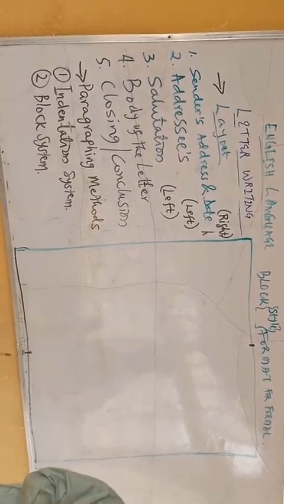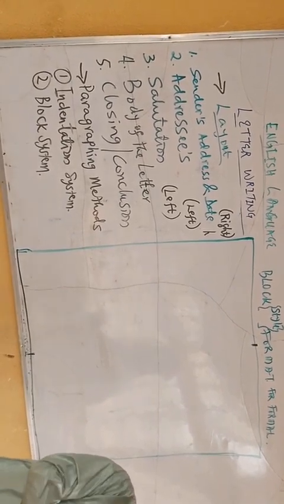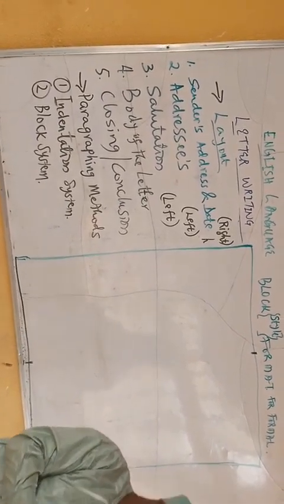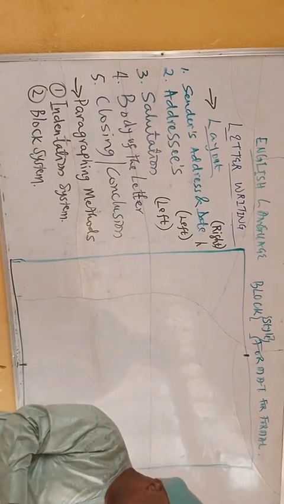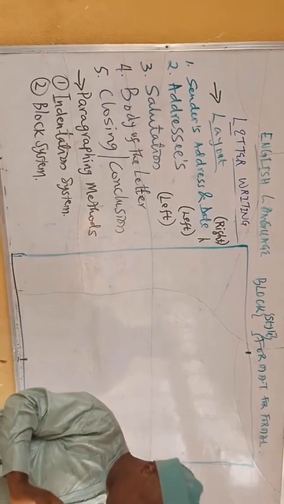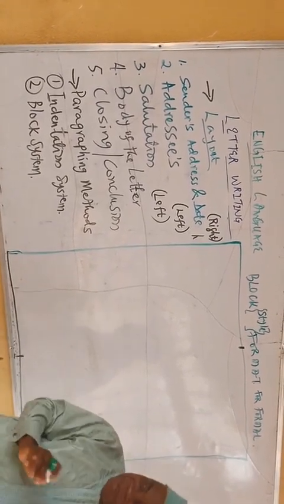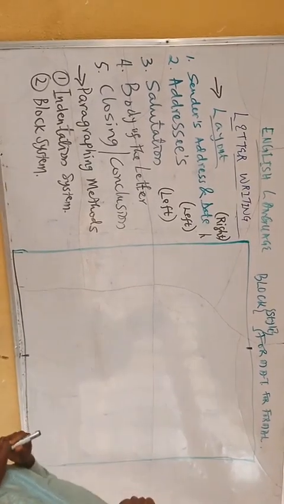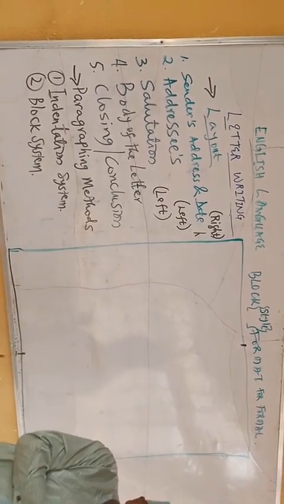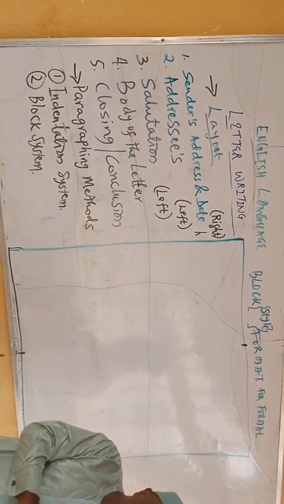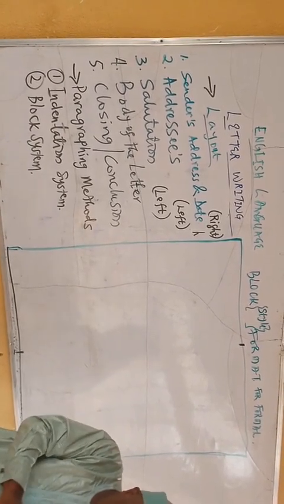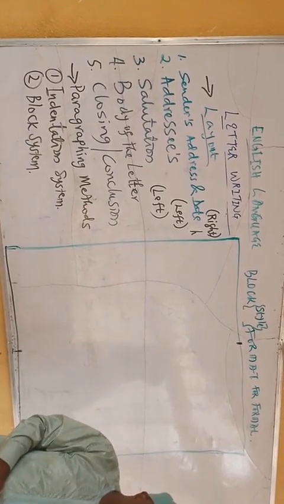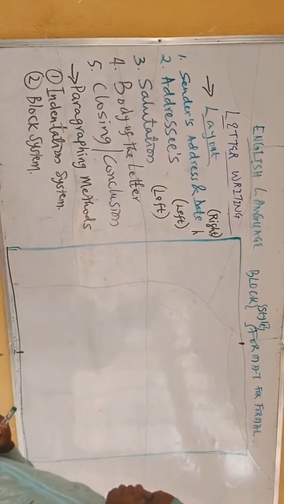The format requires that you must present it in a way that is approved, at least for you to pass this exam at this level. There are different methods and styles that people write, but for a formal letter, there are specific ways you must present what you are going to write.